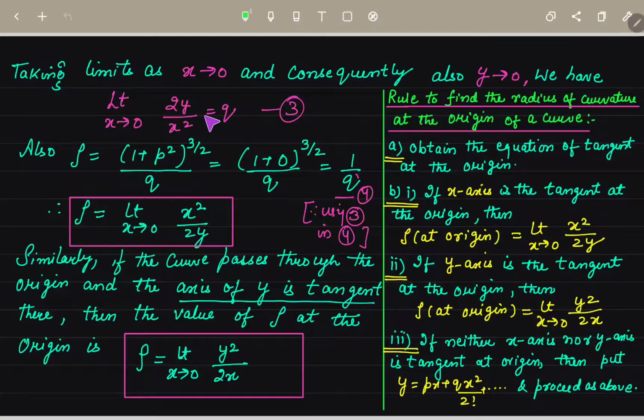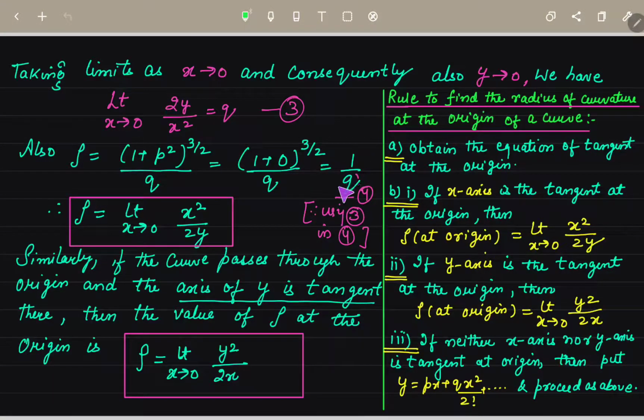Similarly, we have to put this value of q, that is equation 3, in the formula of radius of curvature. We know that the radius of curvature is given by (1 plus p square) whole raised to power 3 by 2, divided by q, and here p is equal to 0. I have taken the value of p equal to 0 here. So from here I get the value 1 by q.